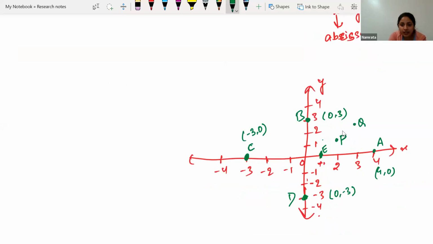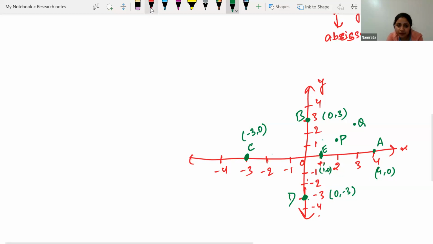So we have written A, B, C, D. Now E, what is the coordinate of E? 1, comma 0. Perfect. Coordinate of P. Is it 0, comma 1?